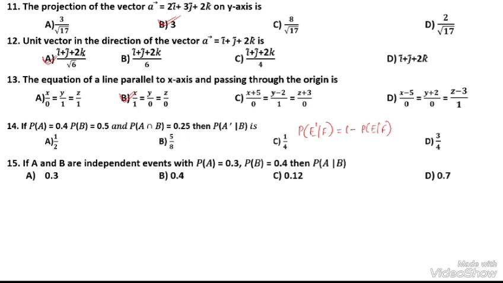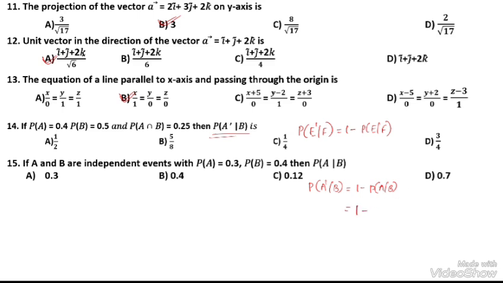According to this property, here the result is probability of A complement on B is equal to 1 minus probability of A on B. Here I am substituting the values.